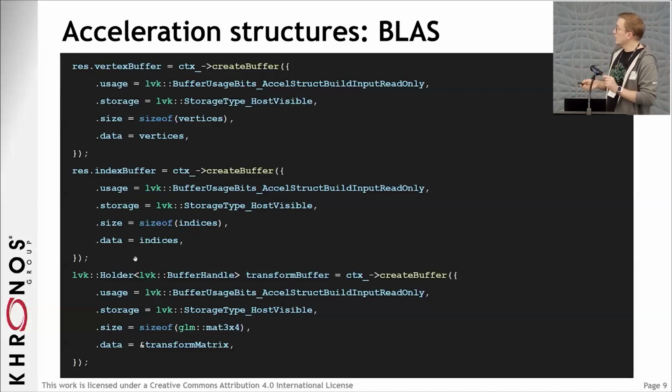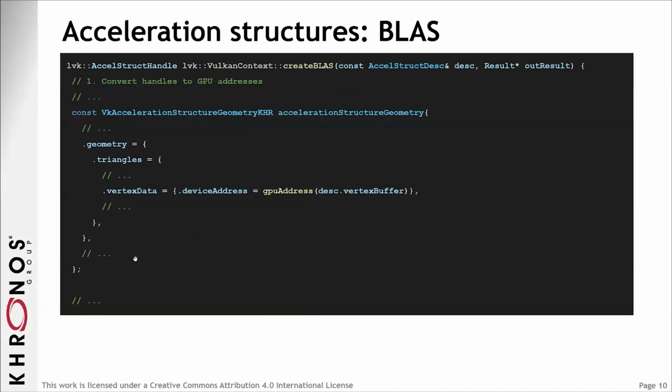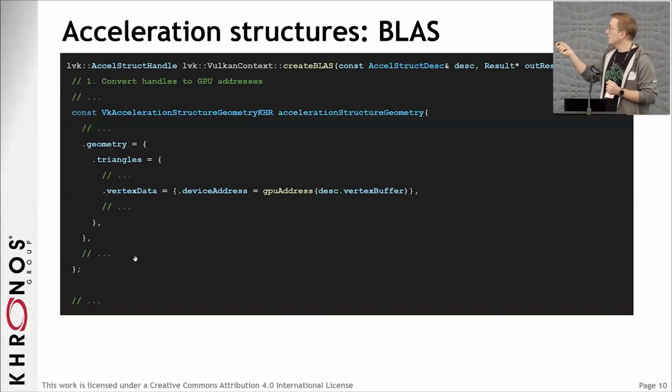So let's look inside at how we convert it to usual Vulkan objects. When we create BLAS, we fill big Vulkan structures, and as you can see, the most important part is how we cast the handle for the vertex buffer into a GPU address. When we need this GPU address, we just cast it and get it.